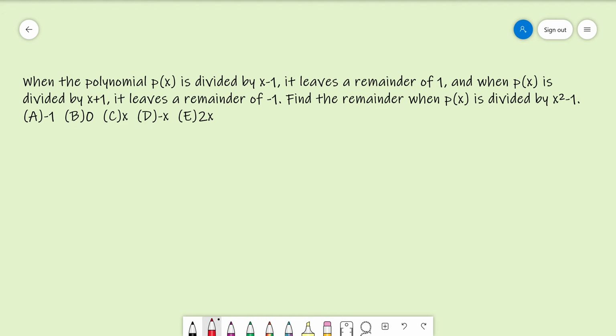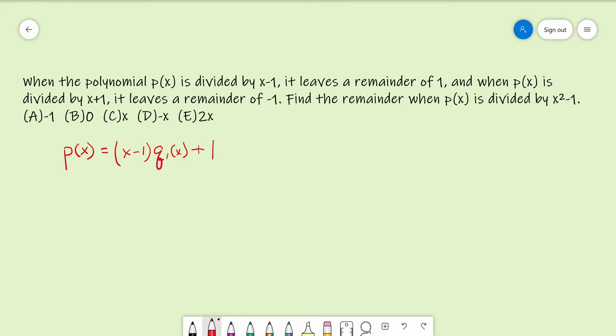So the way to approach this problem is to first of all write in equations what the problem says. So what does it mean for p of x to be divided by x minus 1 and leave a remainder of 1? Well, it means that p of x is equal to x minus 1 times some other polynomial, call it q1 of x, plus a remainder of 1.